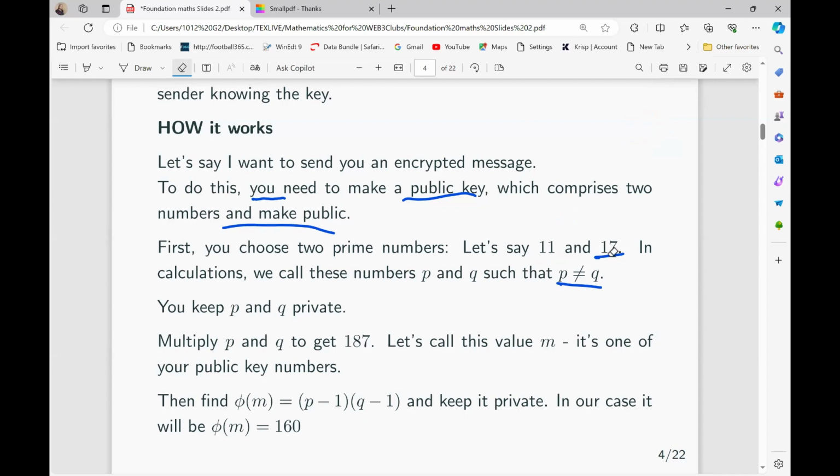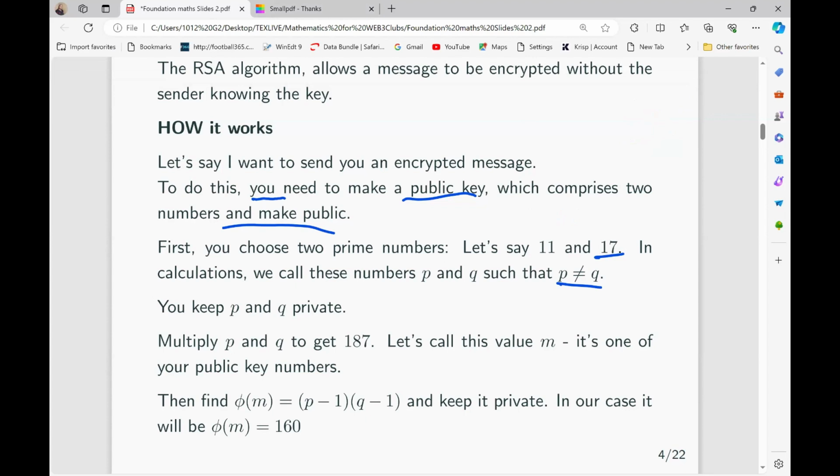I've said I want to send a message to you, and since it's you that will be receiving this message, what you then do, you pick two prime numbers. Let's suppose you picked 11 and 17. The second thing you do is calculate the product of those two numbers.